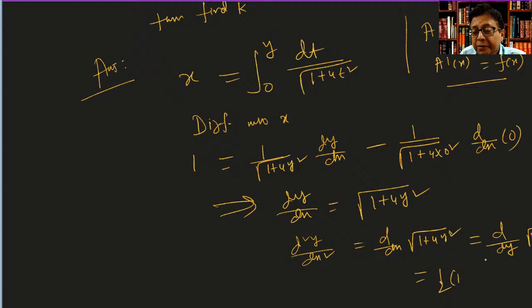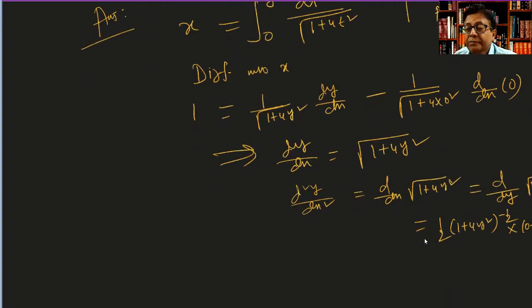Half, 1 plus 4y square to the power half minus 1, into its derivative. That is what? 1 plus 4y square derivative, 0 plus 8y, into dy by dx.